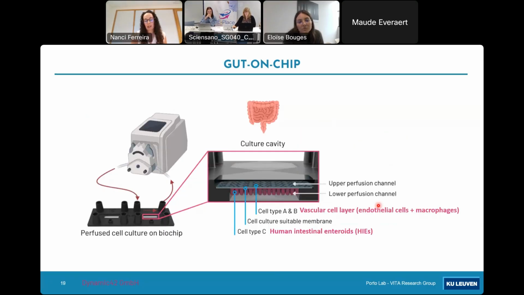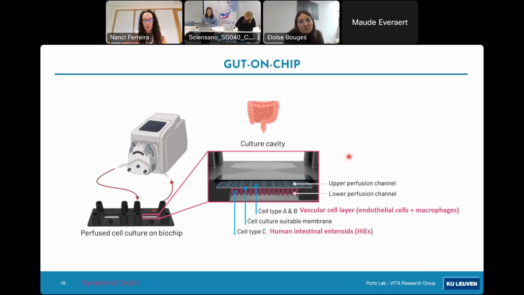So we are developing a gut-on-chip because we are studying the gut, and for that we are going to put in one chamber human intestinal enteroids, our epithelial layer, and in the other chamber we want to create a vascular cell layer that will be composed of endothelial cells and macrophages.